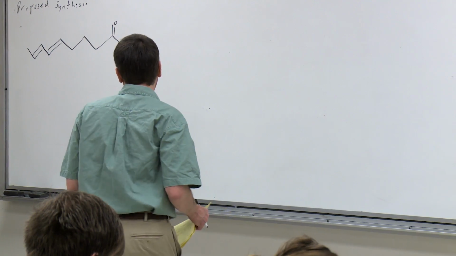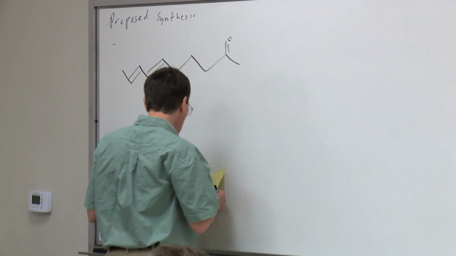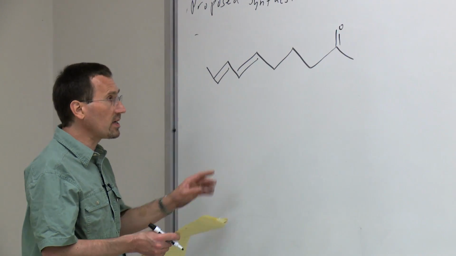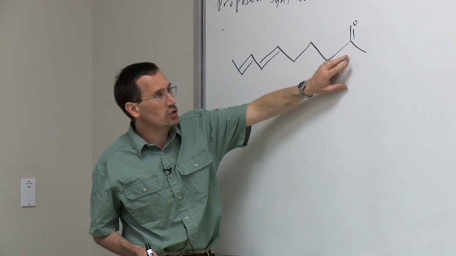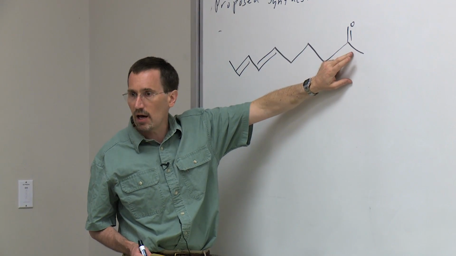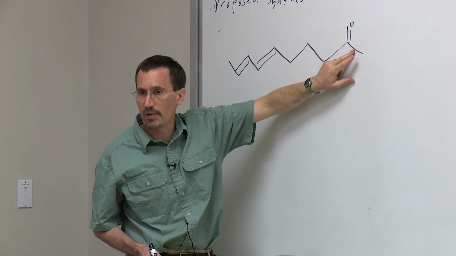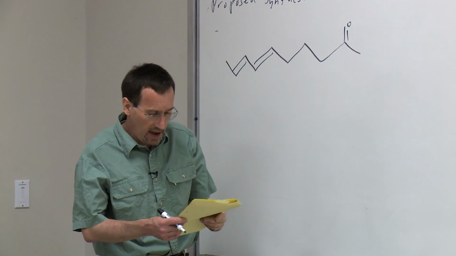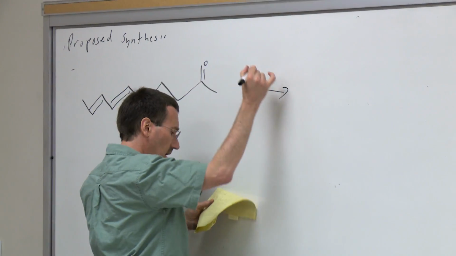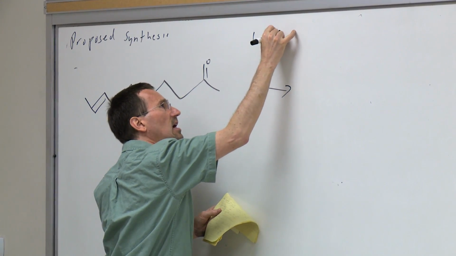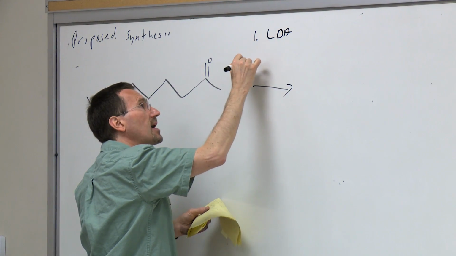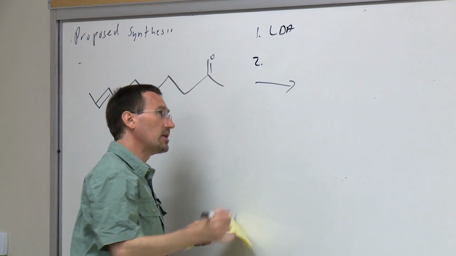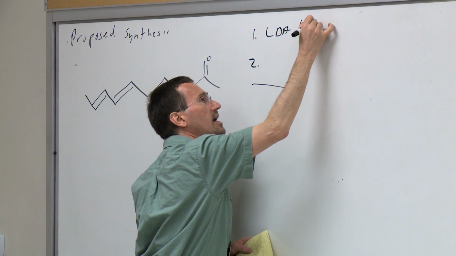In this particular case, I didn't think that we could do the Robinson annulation in one pot because we didn't have a very stabilized enolate. So I wanted to break out the Michael addition separately. So at least for cases of this class, I took my absolute favorite conditions, LDA and THF.